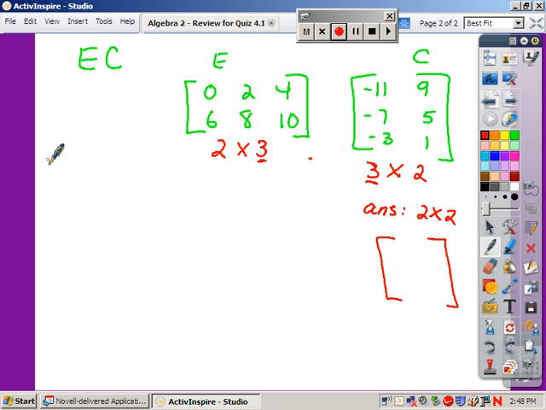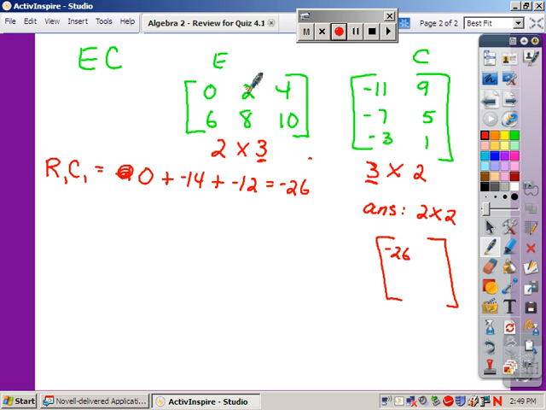So it's going to be for row 1, column 1 then. It'll be 0 times negative 11, so 0. Then I move to the next number in the row, the next number in the column. 2 times negative 7 is negative 14. And 4 times negative 3 is negative 12. That's a grand total of negative 26, which goes here in our answer.